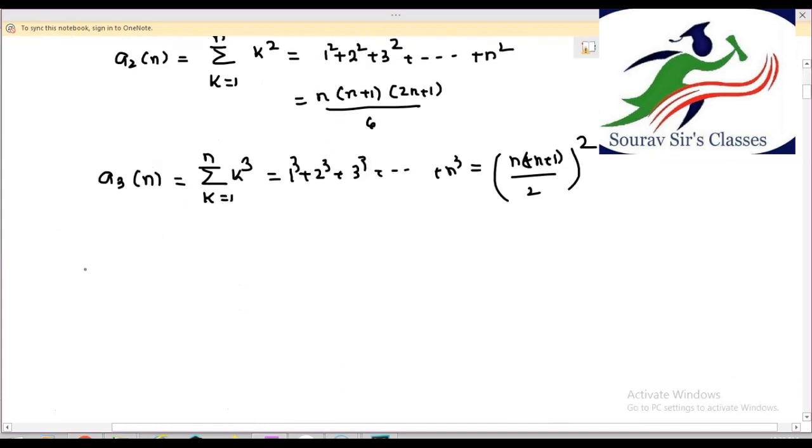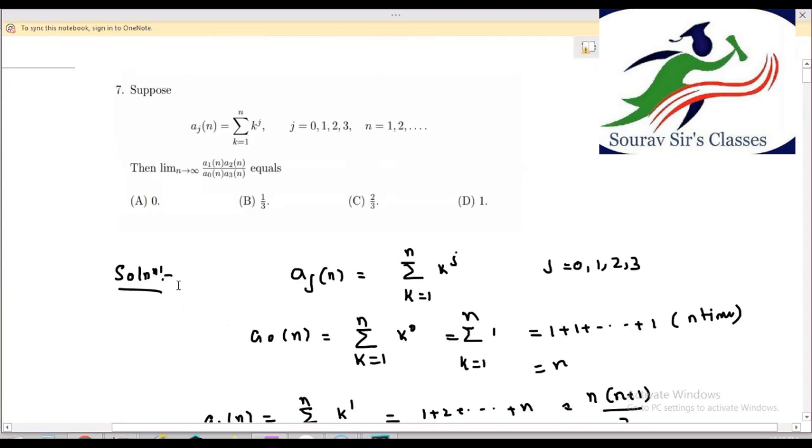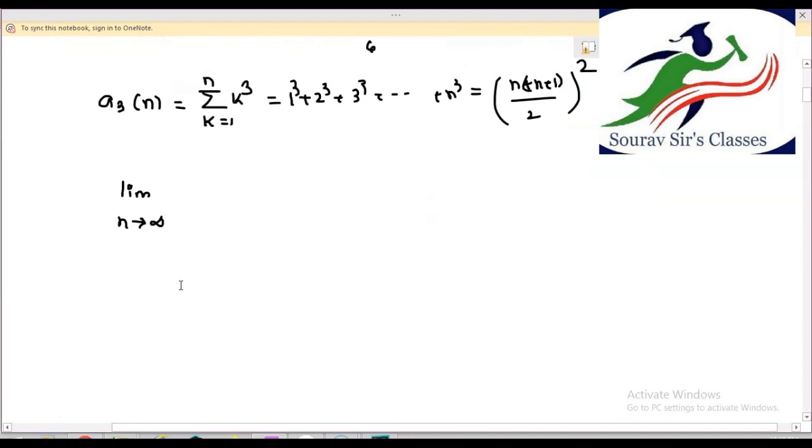So we have to find out the limit as n tends to infinity of A1n into A2n by A0n into A3n. So this is nothing but limit n tends to infinity.